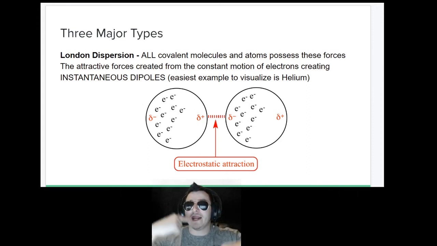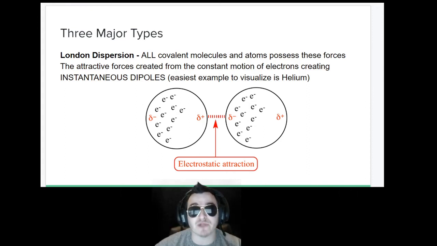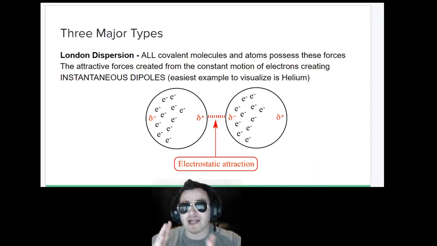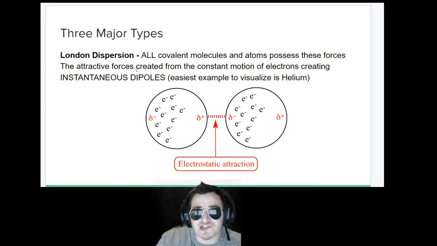But through their random motion, what if for just a split second, an instantaneous moment, more electrons were on one side than another? Well, if more electrons are on one side than another, like we see in this left circle here, this left atom, more electrons are on the left and the right, well, this side is more negative than this side, which is more positive.